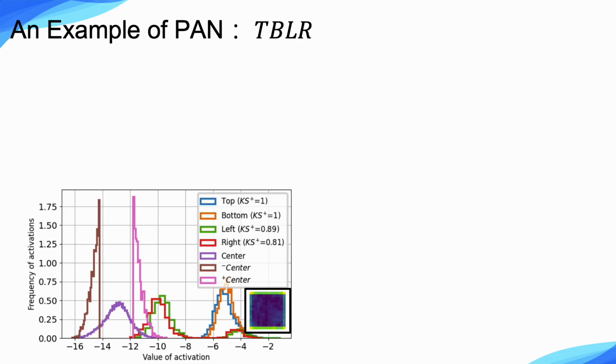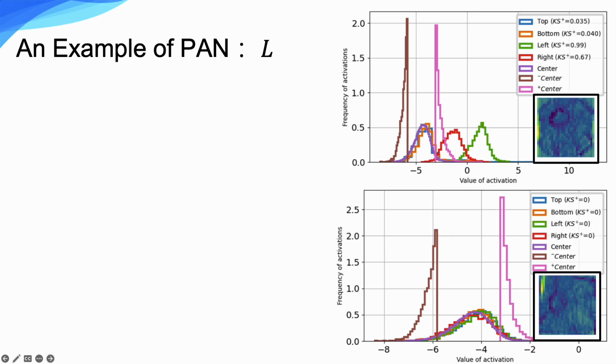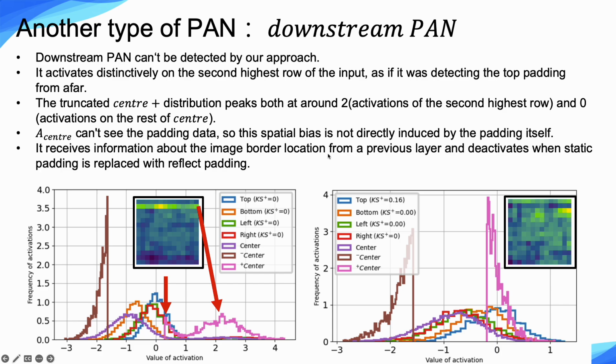我最后再补充一个东西，我之后再说明。这张 feature map 有点像上一篇论文的 negative 的情况，是我刚刚提到本来没有要讲的另外一种 pan，这篇论文只有这边有用到。This kind of pan cannot be detected by their approach, and it activates distinctively on the second highest row of the inputs, as if it was detecting the top padding from afar.